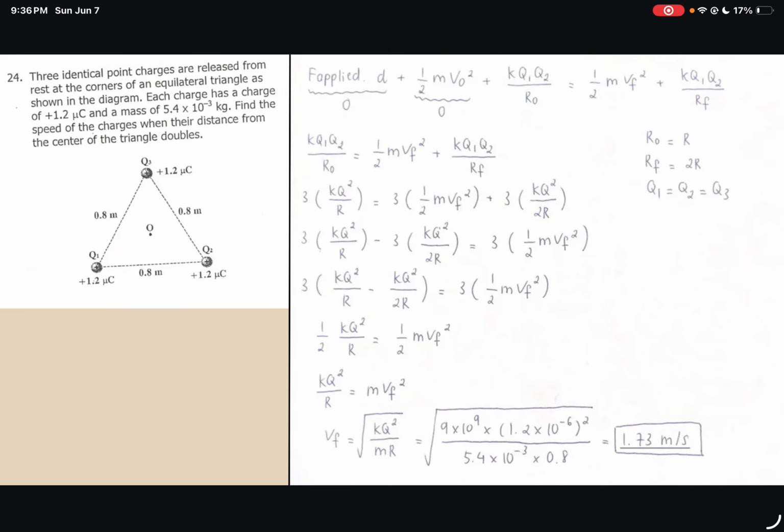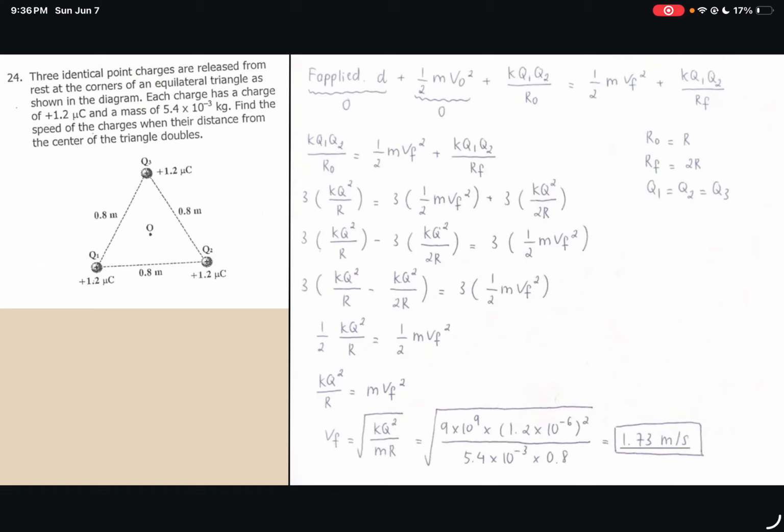To solve this problem, we use the formula F applied times d plus 1 over 2m v initial square plus kq1q2 over r initial equals 1 over 2m v final square plus kq1q2 over r final. Because no external force is mentioned, F applied times d is 0.